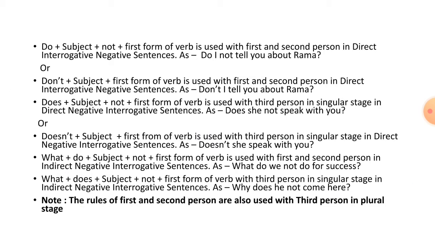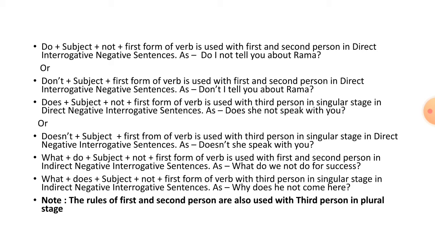Next is do plus subject plus not plus first form of verb, used with first and second person in direct interrogative negative sentences. We can place negative before interrogative word, as do I not tell you about Rama?